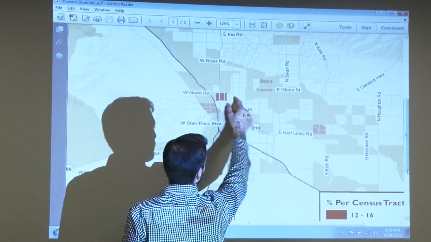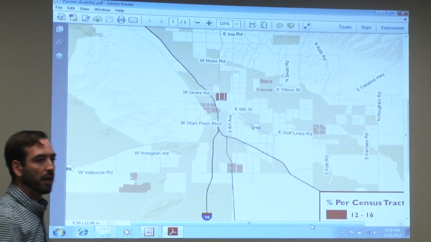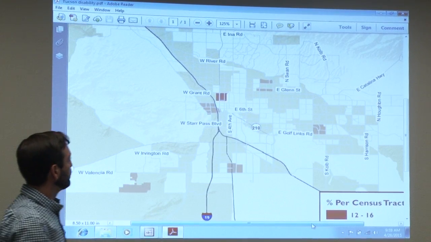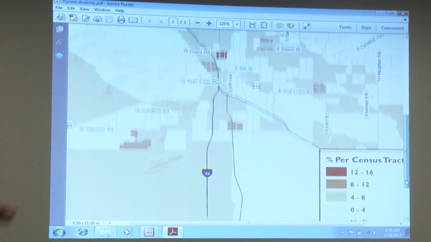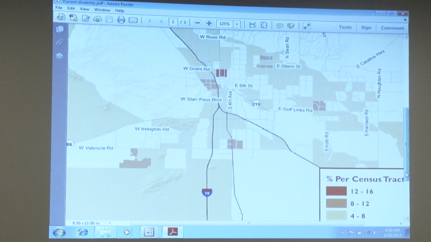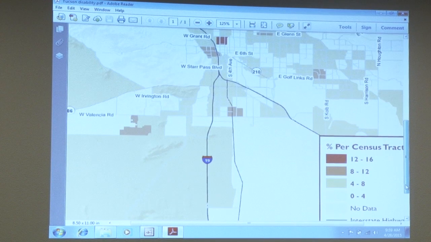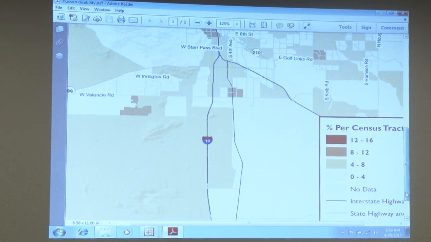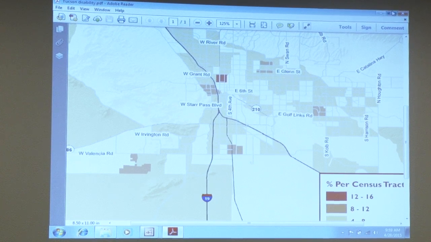This part of the city of Tucson is also generally a higher income area: the Sam Hughes area, some areas around Reed Park that are quite high income. You can see that those high income areas have the smallest percentage of persons with disabilities. So again, there's that relationship between income, poverty, and disability. So we can go back to the PowerPoint.